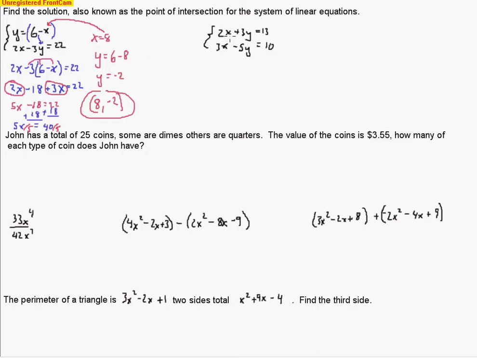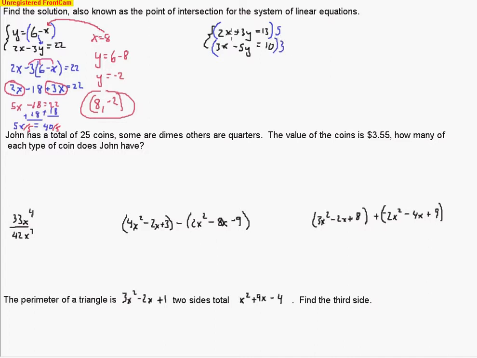Now this one I would not use substitution for because you don't have x or y by itself, but we do have the x's and y's, equal signs, and constants lined up. So this is a problem in which I would end up using the elimination method. So I'm going to go ahead and multiply the top equation here by 5, and I'm going to multiply the bottom one by 3.